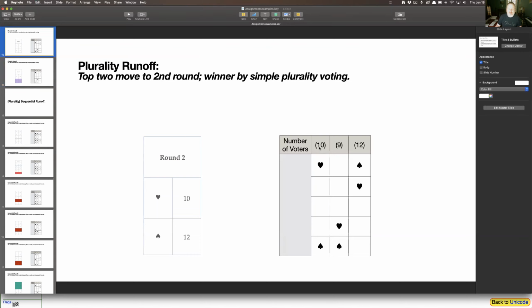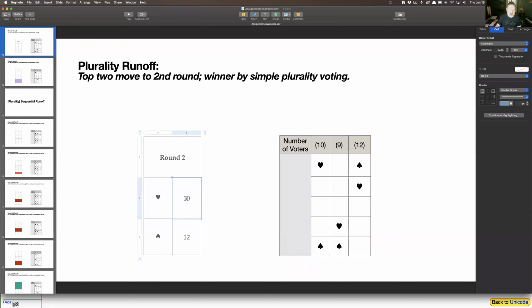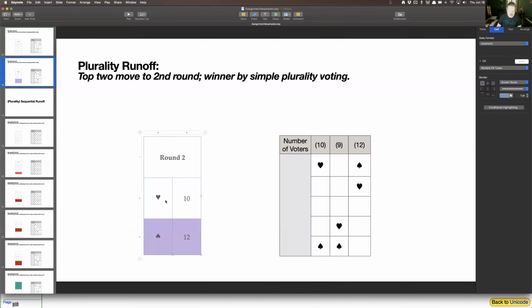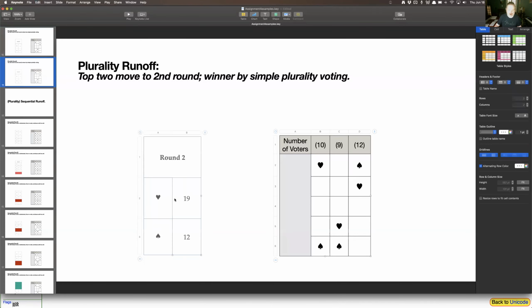And so now the vote is actually 10 for hearts plus 9 for hearts, right? Because this group here is also going to vote for hearts, for a total of 19 to 12. So that is the totals there. And then I need to update this slide, which was wrong.